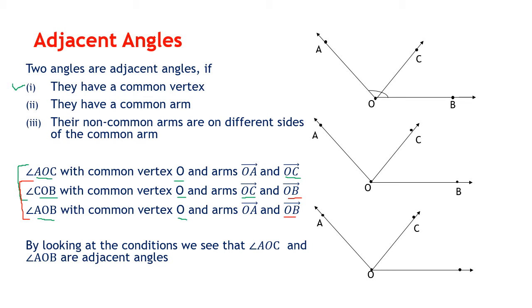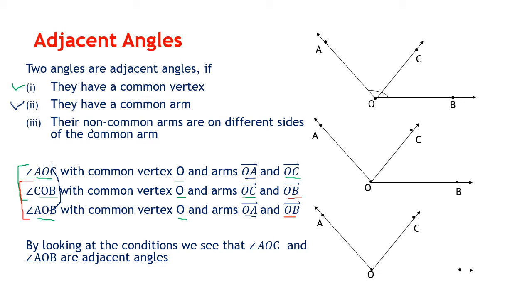And if you look at angle AOC and angle AOB, they also have a common arm, that is OA. So the second condition is satisfied by two angles at a time. The third rule is that their non-common arms are on different sides of the common arm.